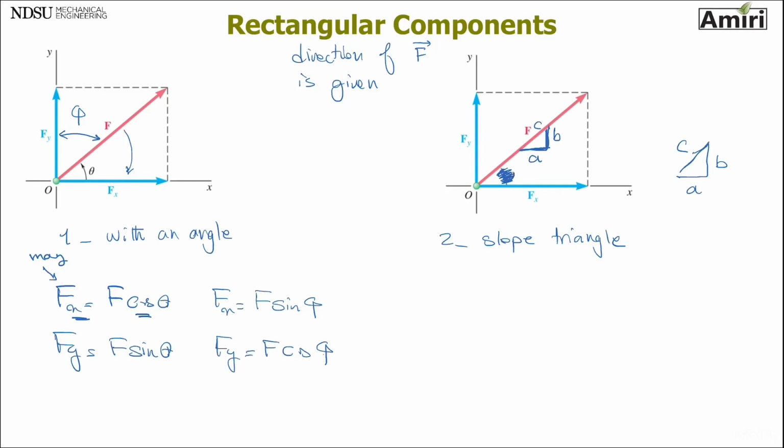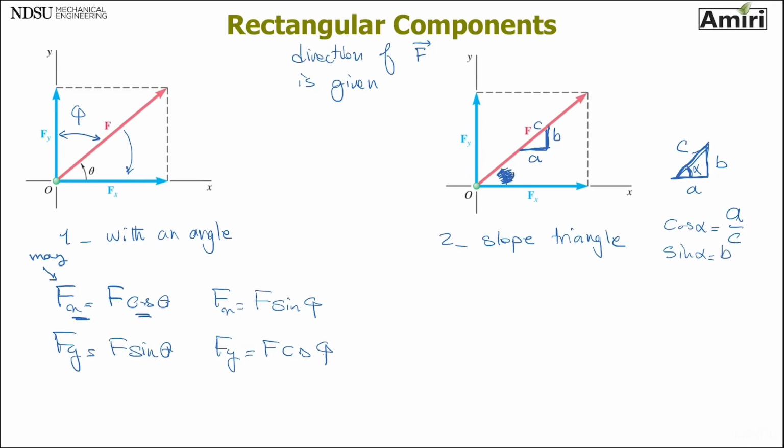Now let's look at a slope triangle. In the case of a slope triangle, let's look at this little angle here. Let's call that alpha. Cosine alpha is what? It is A over C. Sine alpha is what?